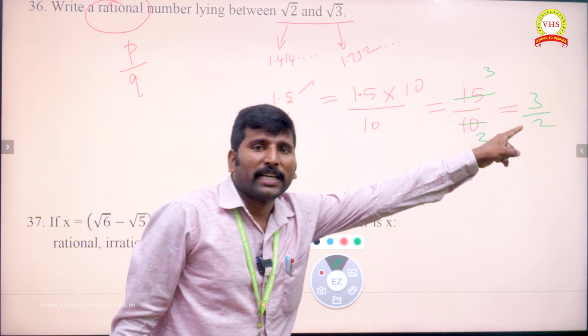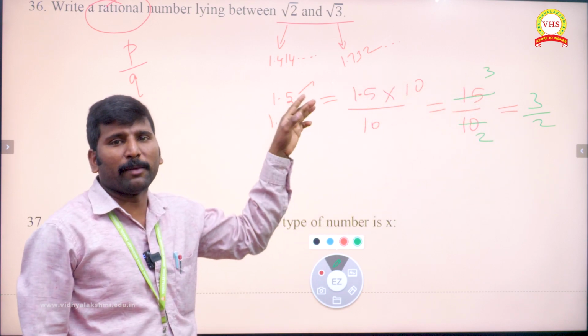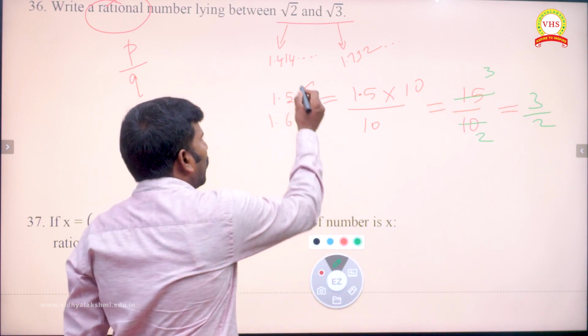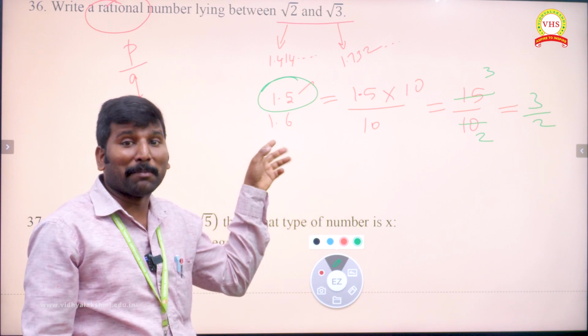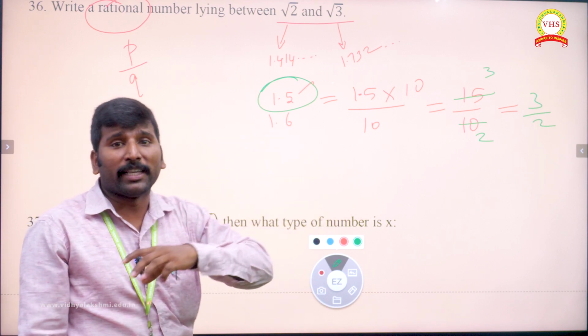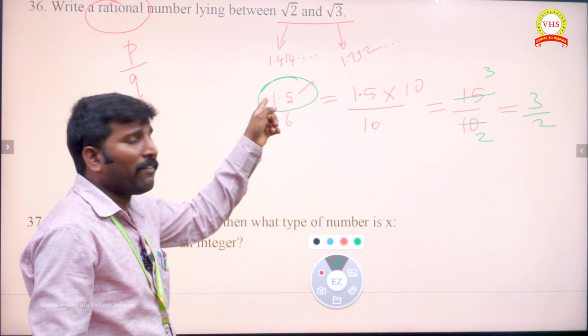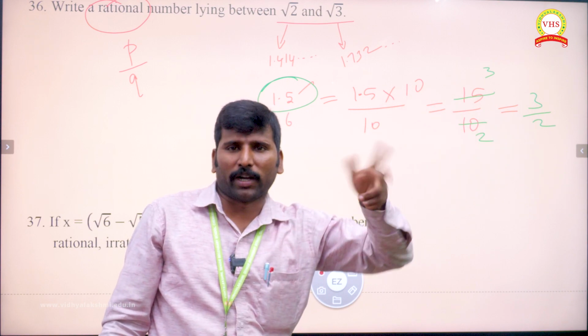You can stop at 3 by 2 or you can stop at 1.5. 1.5 means 3 by 2. This is also rational. No one can say it's not rational. But in the options, when they give MCQ, they will be giving some options. Whether the decimal is given or the P by Q form is given, both you want to search.